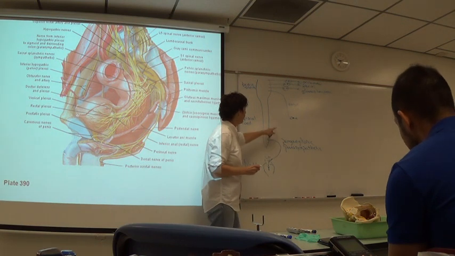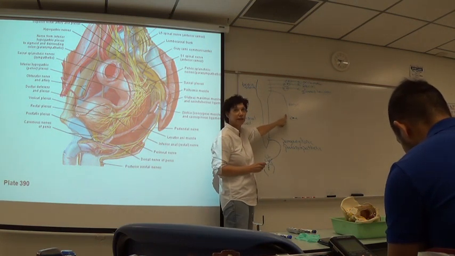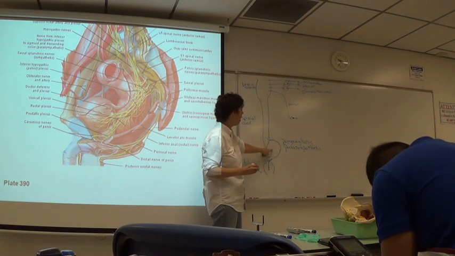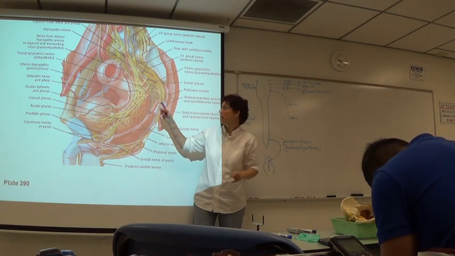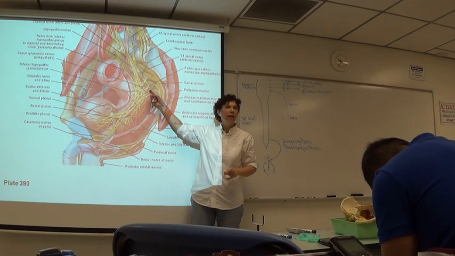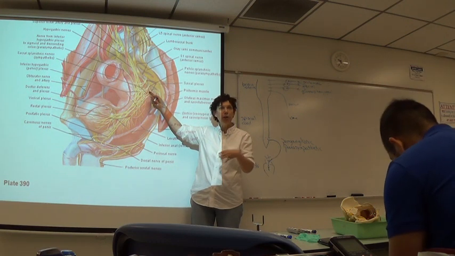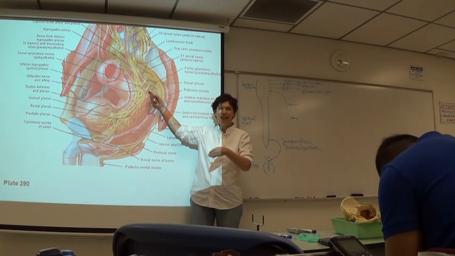So this would be the equivalent of what we call the vagus nerve, except it's coming off the sacral spinal cord. And what did we call these preganglionic fibers that we see here? The general term is splanchnic, but parasympathetic splanchnic were pelvic splanchnic nerves.